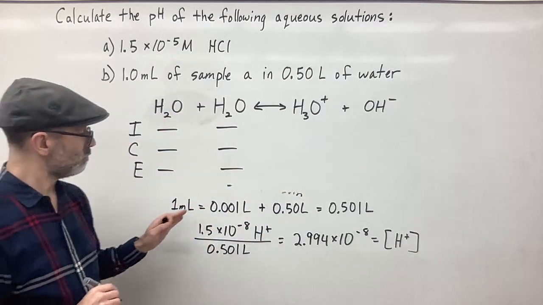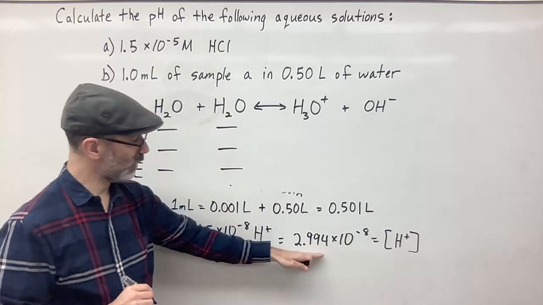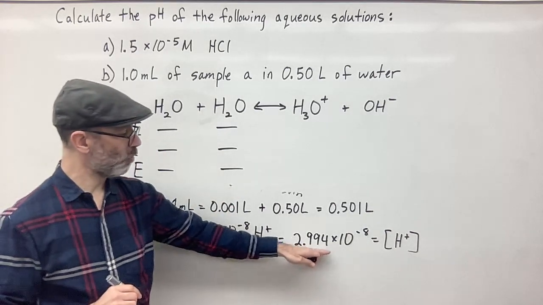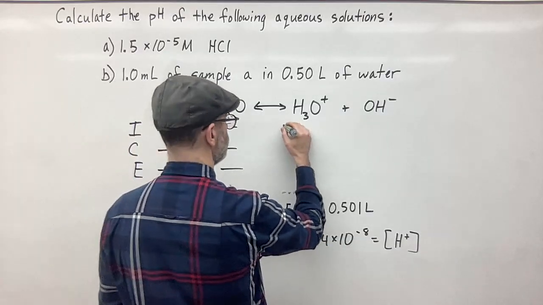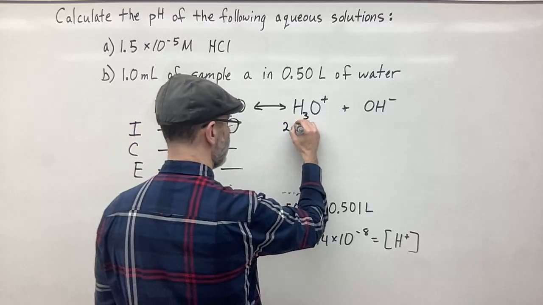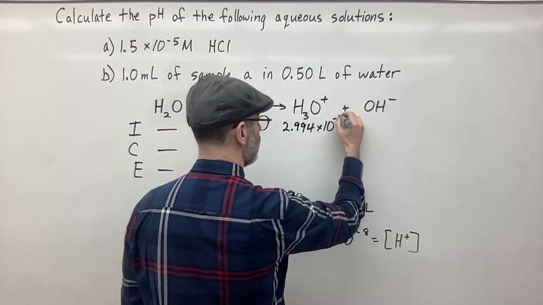Here, again, our concentration of H plus is 2.994 times 10 to the negative 8. We're going to put that for our initial concentration.